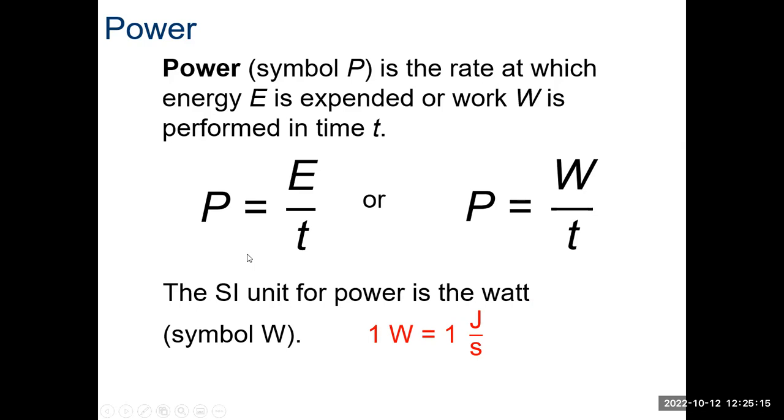The metric unit for power is the watt, and the symbol of watt is W. So 1 watt equals 1 joule over second. That's our equation for watts.